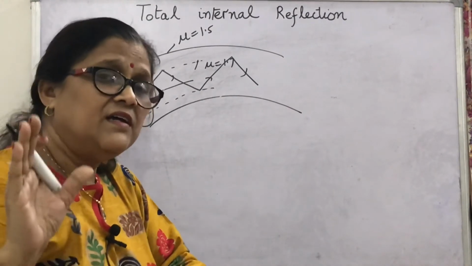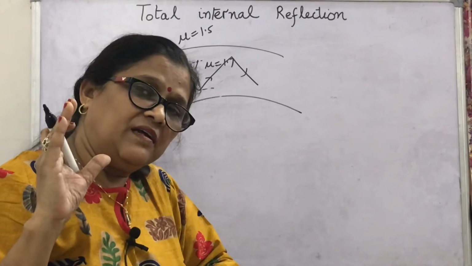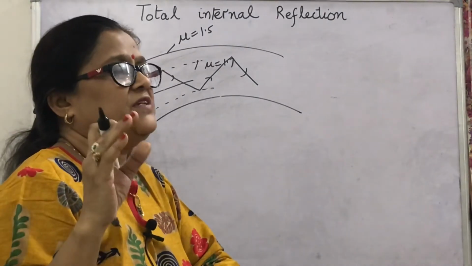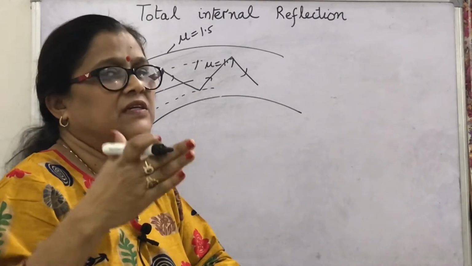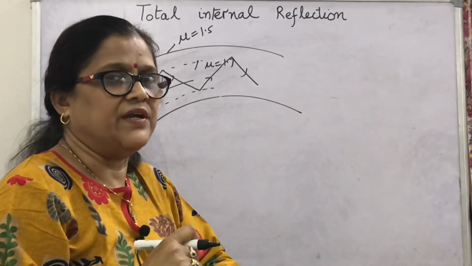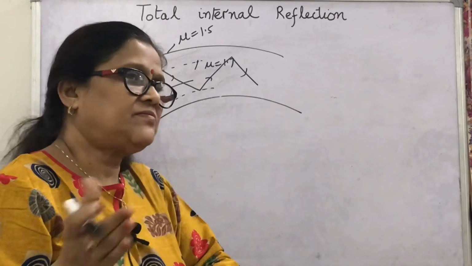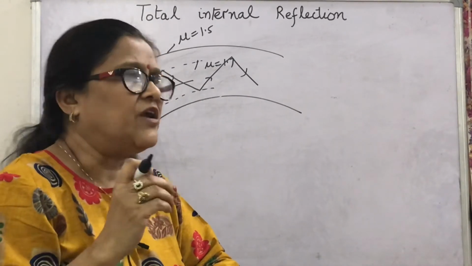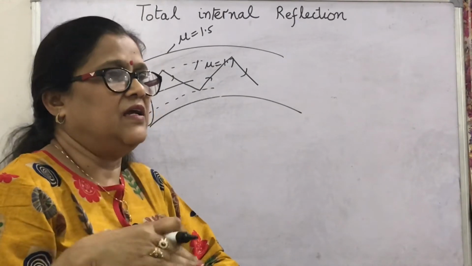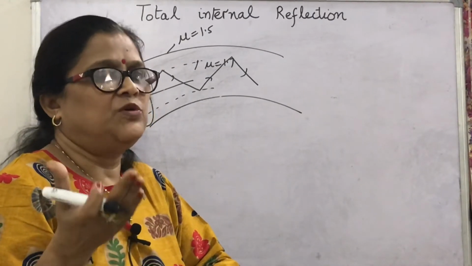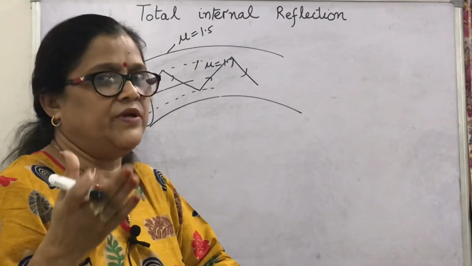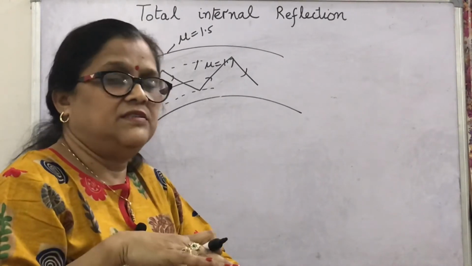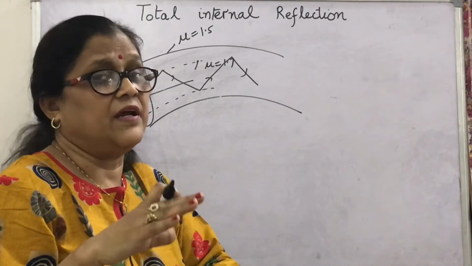Similarly is the diamond, its sparkling effect. You know, we have seen that in the case of diamond, its cutting is very, very important. What happens? For diamond, the critical angle is very, very less, around 24 degrees, and its refractive index is also about 2.4 or 2.5. High refractive index and less critical angle.